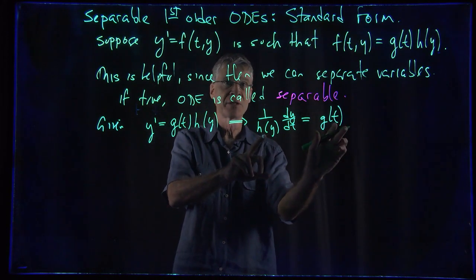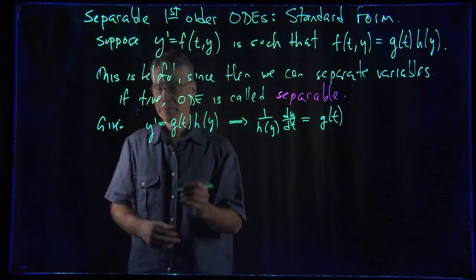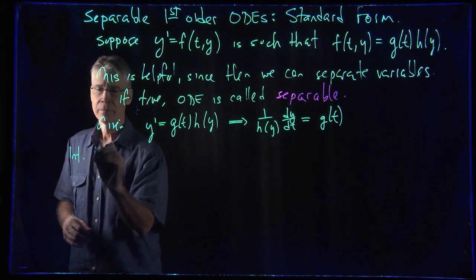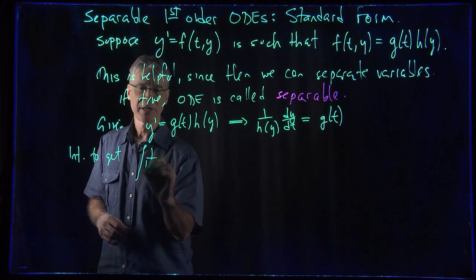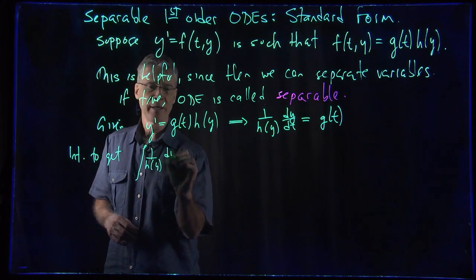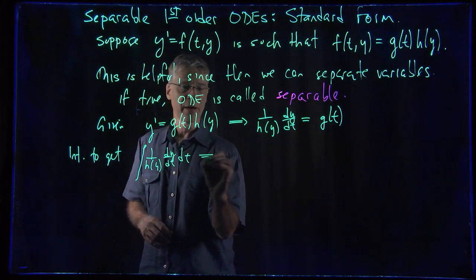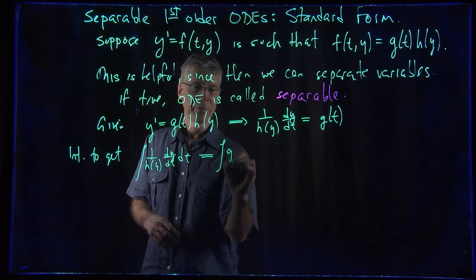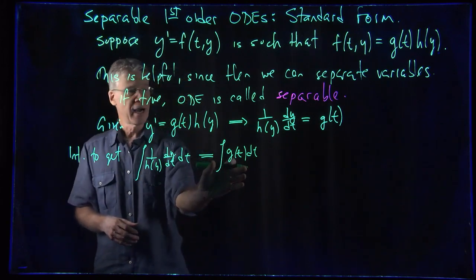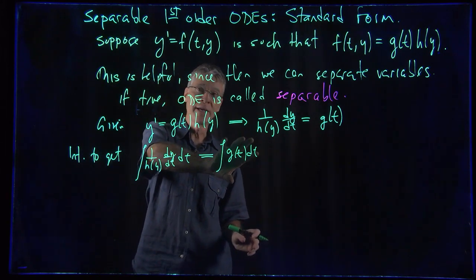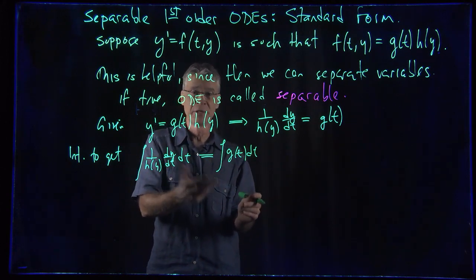Since this is equal to this, I could integrate at this particular point. And if I integrate, then I wind up with, on this particular side, the integral of 1 over h of y dy dt dt. And on the right-hand side, I get the integral of g of t dt. And it's pretty obvious to see that this right-hand side is just the antiderivative of the function g of t as a function of t.